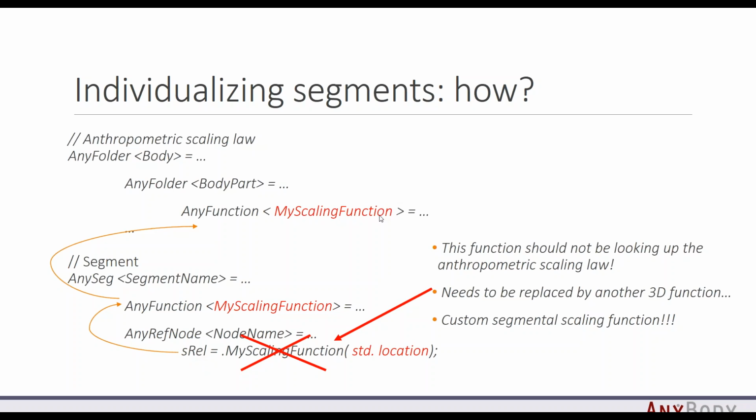And as you can imagine, because we are going to individualize our segment, we are not going to use the same function again. So we need to replace this particular function with another 3D function, which we call a custom segmental scaling function.